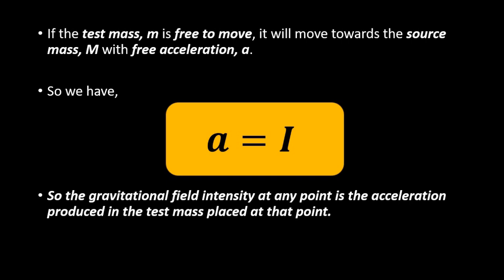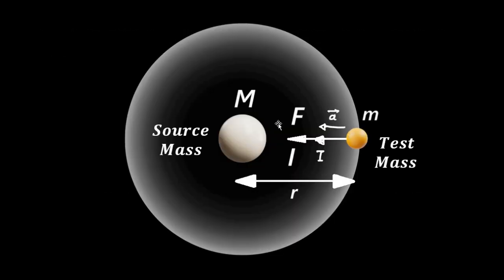It also means an acceleration of x meter per second square will be produced at that point, and that test object, the test mass, will move towards the source mass with that much acceleration. Okay, so this is the concept of gravitational field intensity.